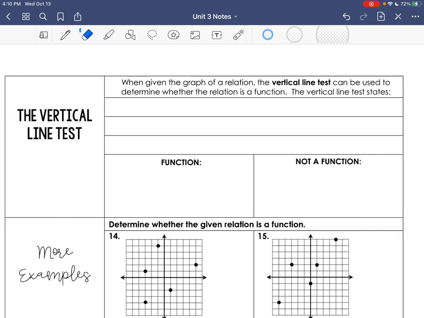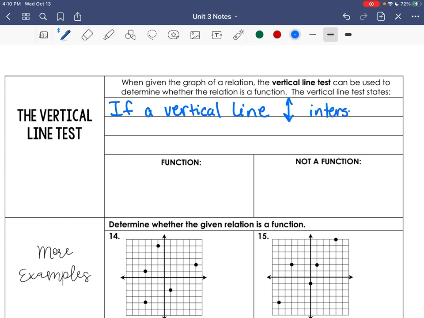So the vertical line test says if a vertical line, looks like this, it's up and down, intersects a graph more than once, then it is not a function.